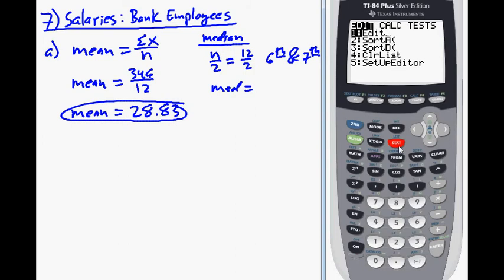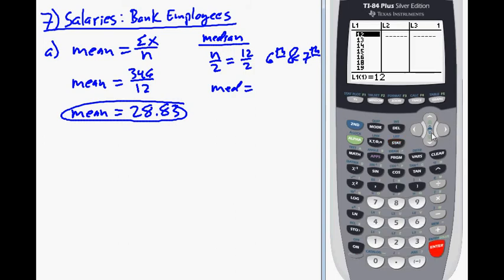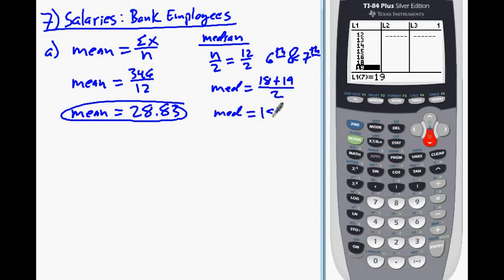And now it's ordered. We can go down and look at 6 and 7, which are 18 and 19, which means our median would be 18.5 thousands of dollars. And that's part B.